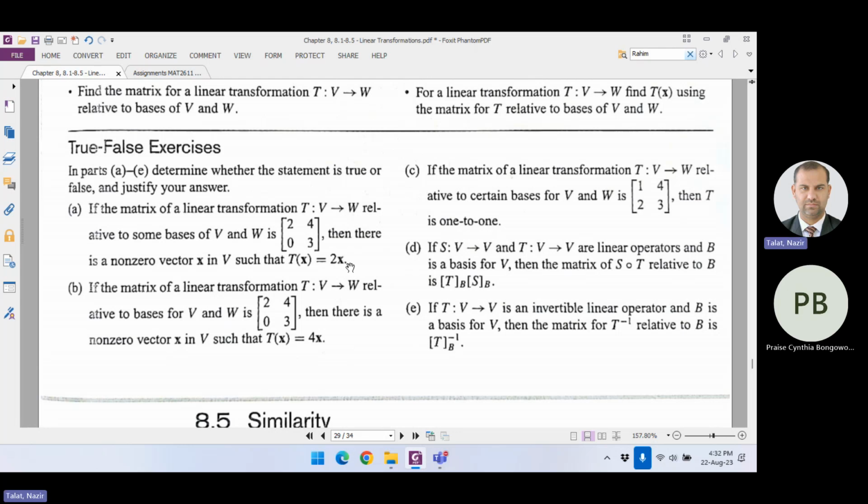Remember that here we have a standard matrix, so for which element in the domain set, if we put it over there, that vector will be non-zero, and if we multiply with that matrix we will get the answer the same as 2x.